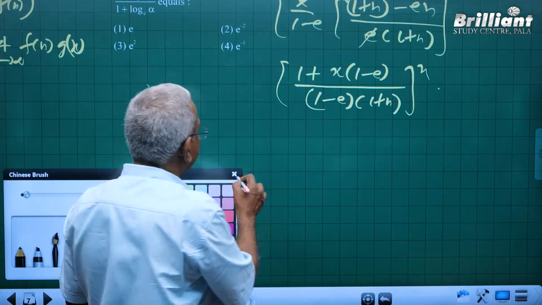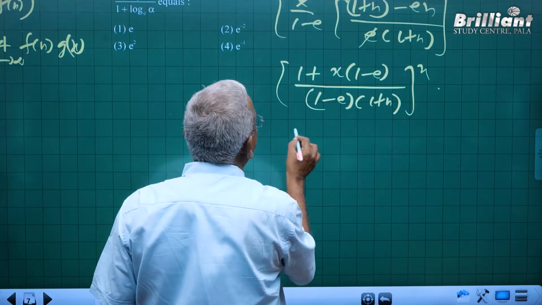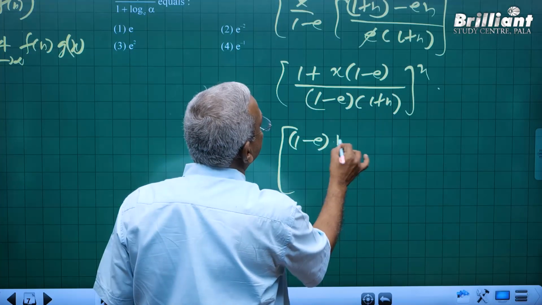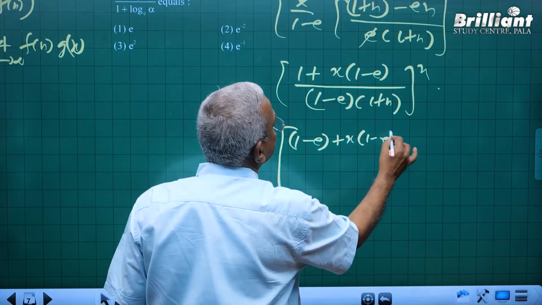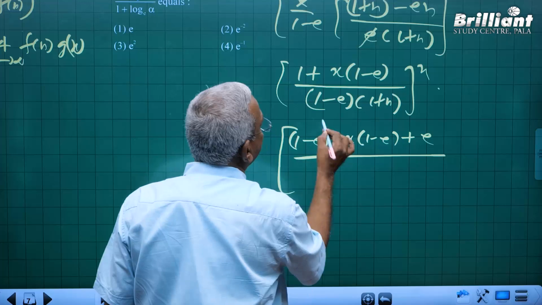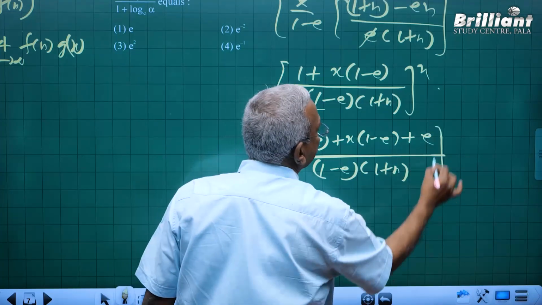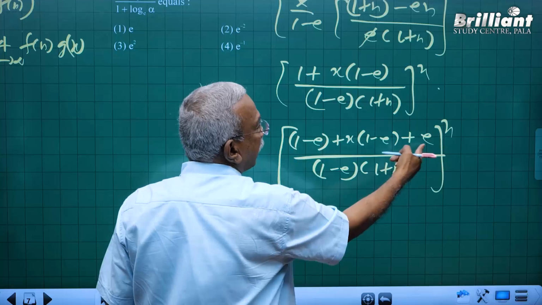I wish to adjust this. It is equal to the form (1 minus e plus x into 1 minus e plus e) all divided by (1 minus e into 1 plus x), the whole raised to x. I just subtract an e and add it here to balance.